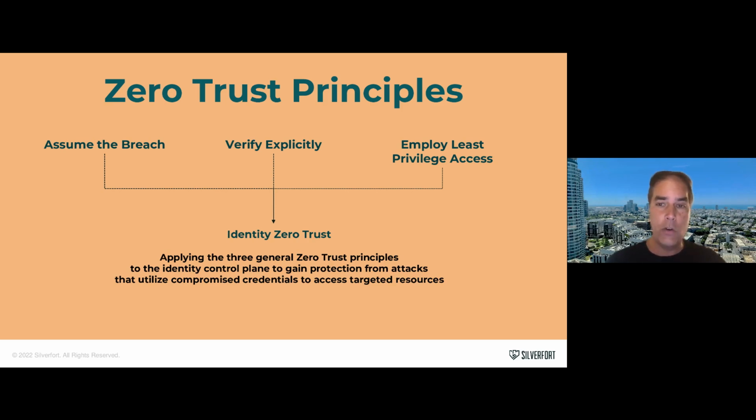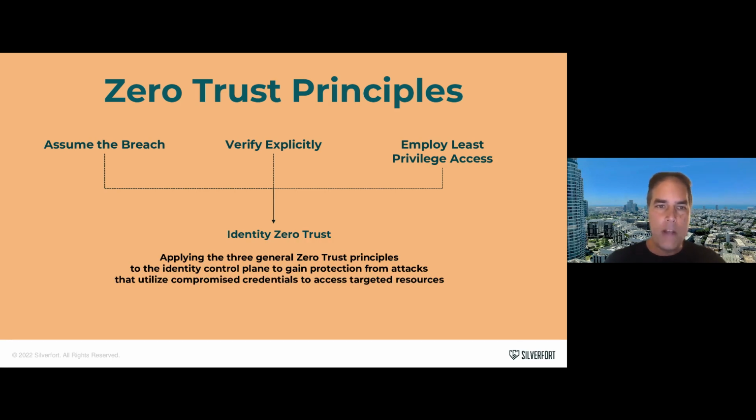This is to make sure that all of your users have the least amount of privilege they need to do their job. Why? Because you don't want tons of users out there with lots of privileged access that they may not necessarily need. You're really inadvertently creating a massive attack vector that can be exploited by cyber attackers. So you want to really employ this idea of least privilege access.